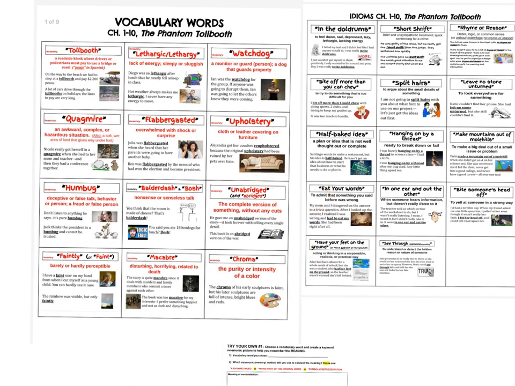But when I say that you need to pick 3 and eventually 12, it could be from here, or it could be from here and mix it, or it could be from all one side. So you get to choose however you want to do these. You can pick either vocabulary words or idioms or a mix of the 2 when you do your vocabulary drawings.